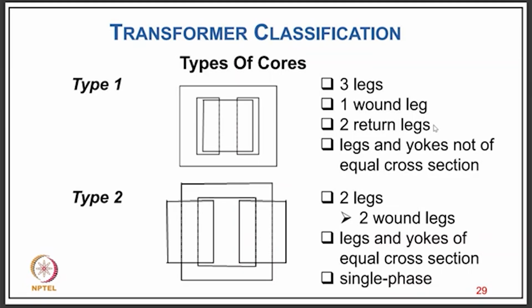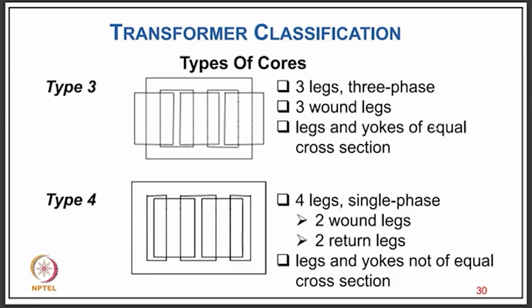Then you have another transformer with only two legs, which we call the core type of transformer for single phase, and you put the primary as well as the secondary winding on the limbs, and the upper portion and lower portion we call the yoke.